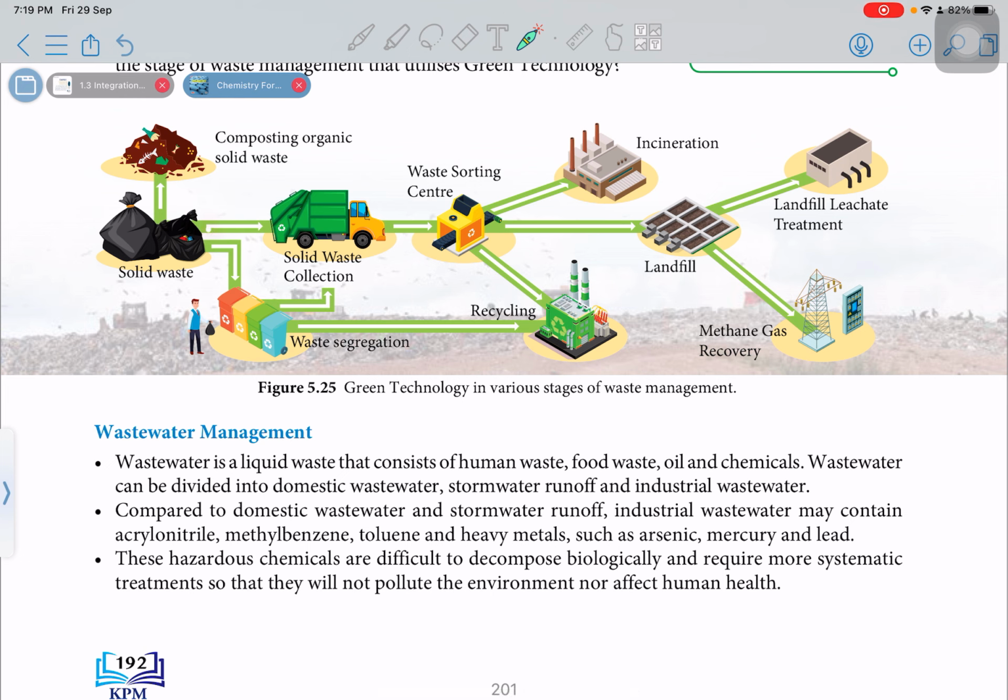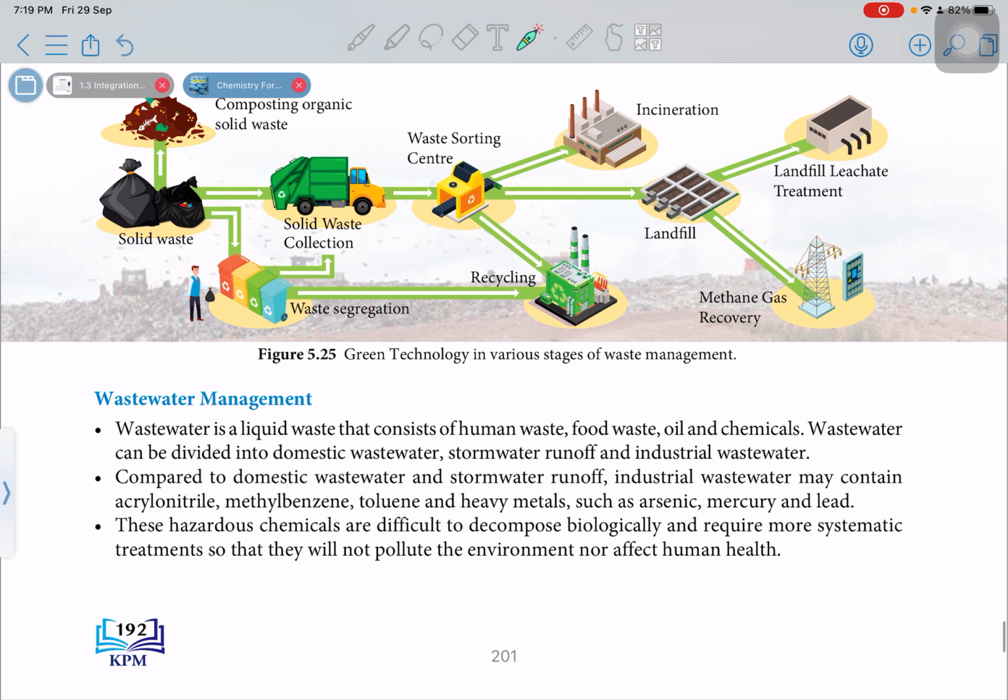Daripada solid waste ni pergi solid waste collection and waste sorting center. At the waste sorting center, it will be divided to go to recycling, to landfill, to incineration, which is one of its processes. And then it can produce electricity, which is methane gas recovery.